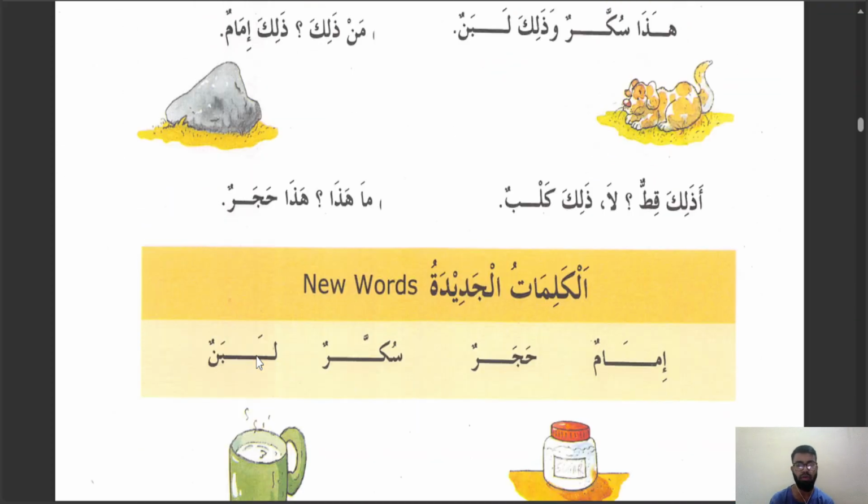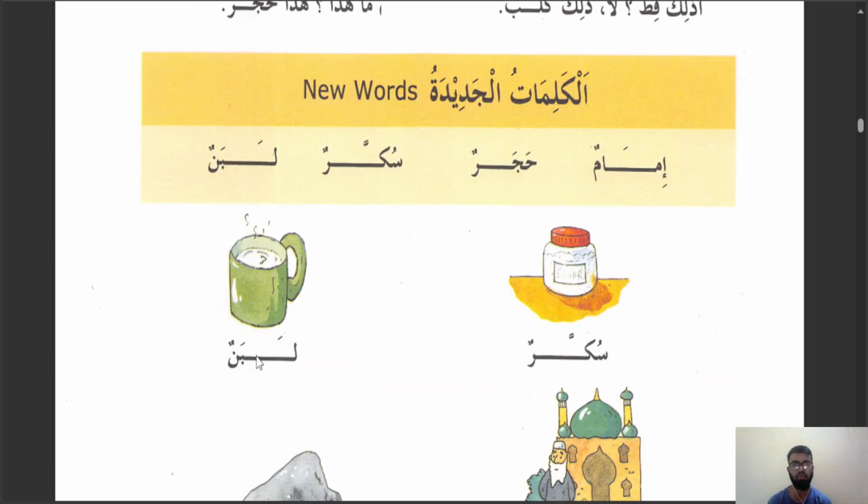Okay, so now we are going to look into the new words, al-kalimatu al-jadidatu. Jadidatu means new, kalimatu means word. So we have some new words here like imamun, hajarun, sukkarun, labanun. Imamun we spoke about.